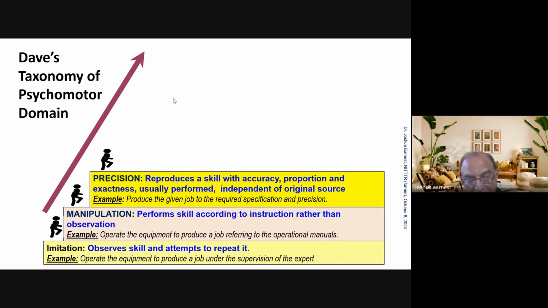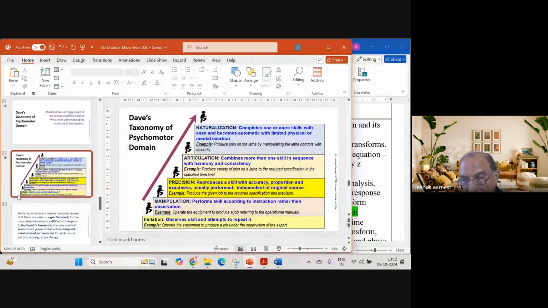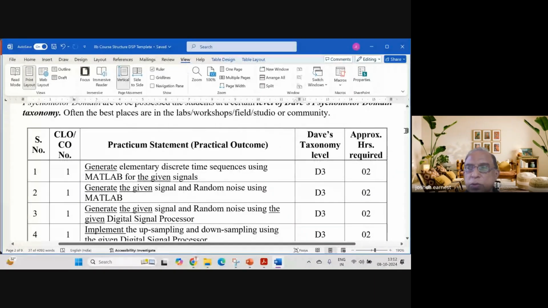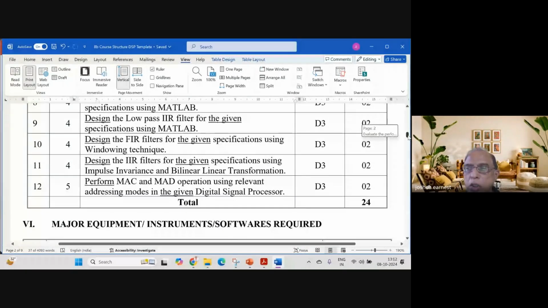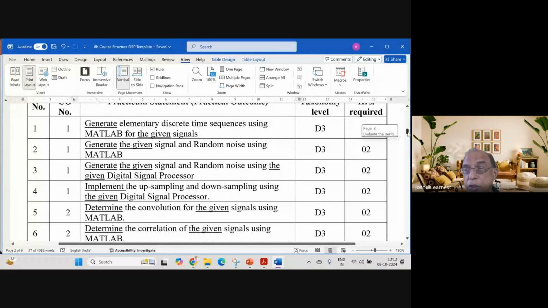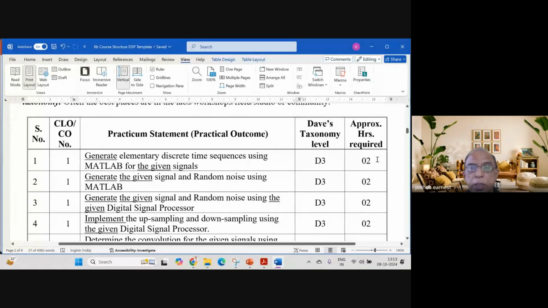This D3 level was written in that course structure. Okay, let me show you that again. This is the course structure, right? So each practical should be at the D3 level. This is what D3 level is talking about. So when you design the course structure, all should be at least at the D3 level for the UG programs. The time required is also given.